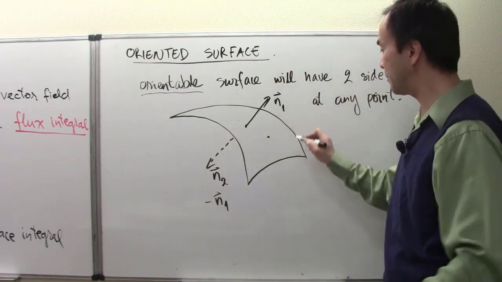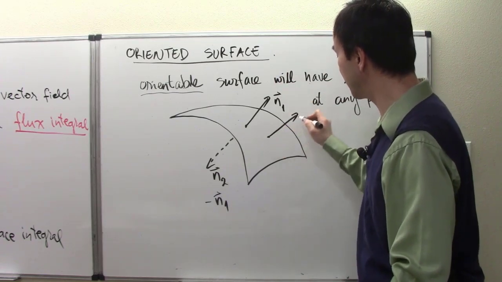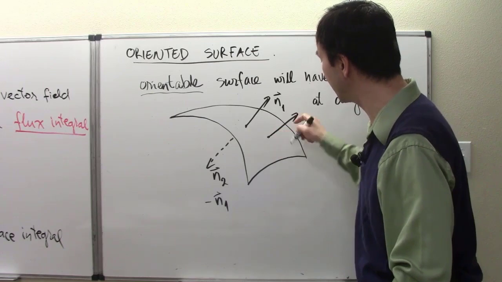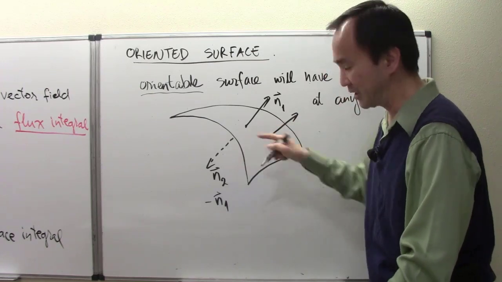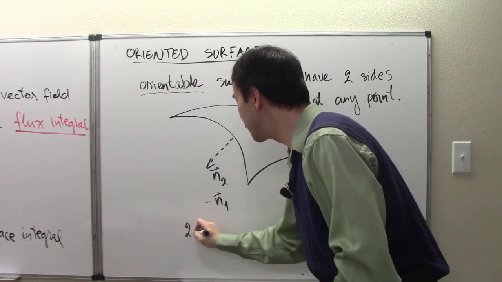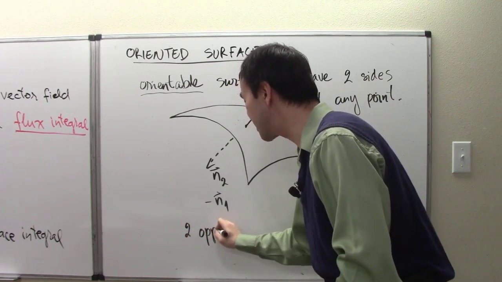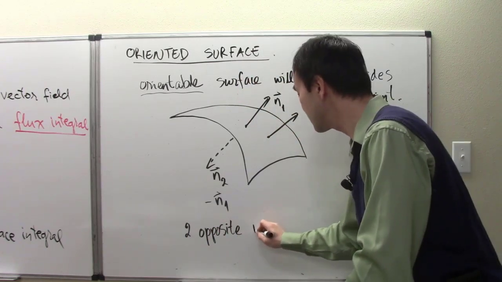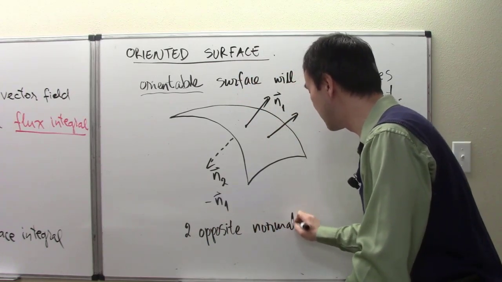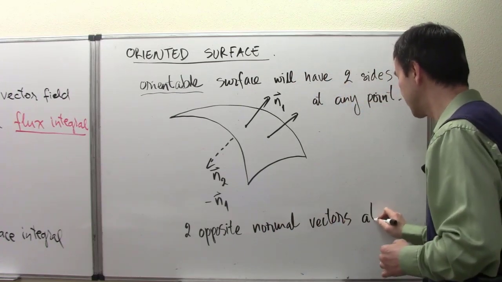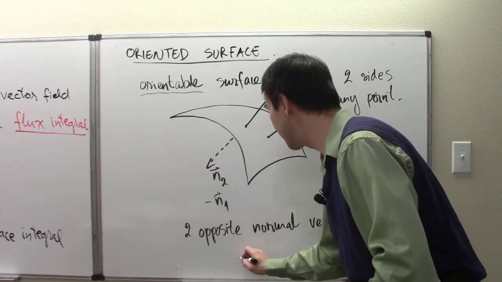So a surface is orientable if at every point right here we can find two distinct normal vectors. It's the same as saying two opposite normal vectors at any point.